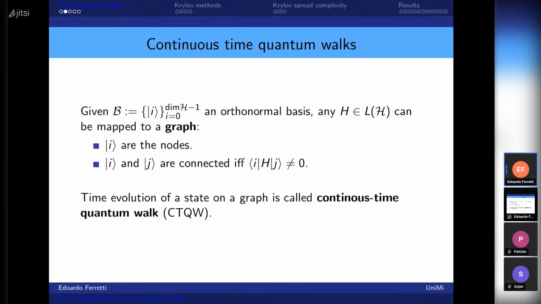Usually, for practical applications, we do the opposite. We have a structure which can be described by a graph, and then study the dynamics defined on the graph. I prefer the first approach because once the Hamiltonian and the basis are given, the graph structure is uniquely defined, while for the same graph topology, many different Hamiltonians can be defined.